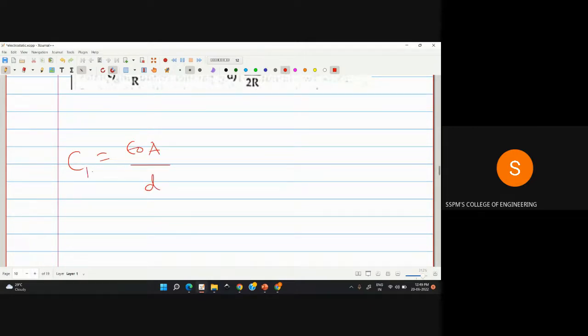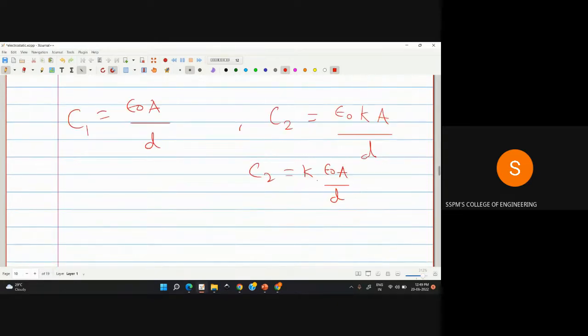Let's consider C1. Now the dielectric medium with the constant K is added. So C2 is equal to epsilon 0, now K is added here, into A divided by D. Isn't it? So C2 is equal to K into epsilon 0 A divided by D, where epsilon 0 A divided by D is nothing but C1.